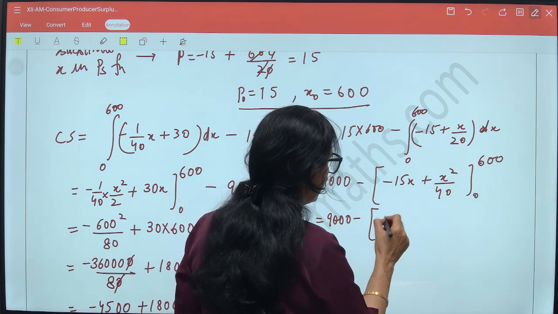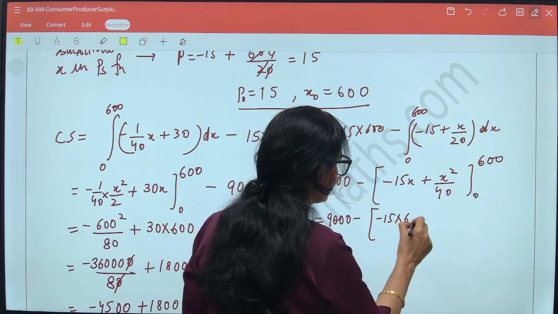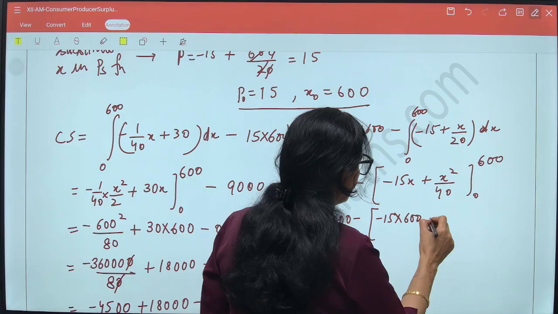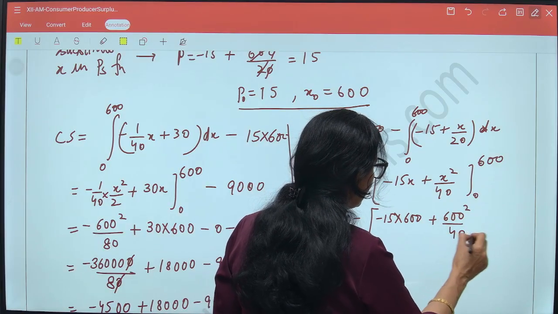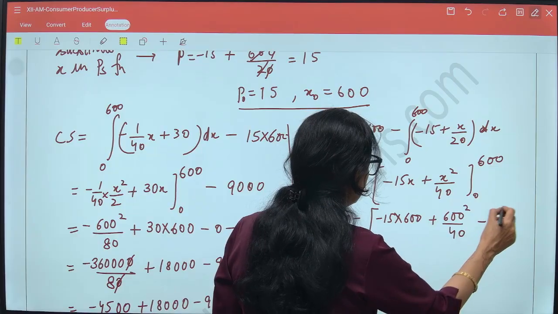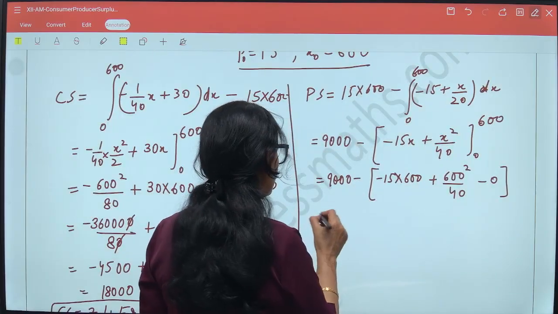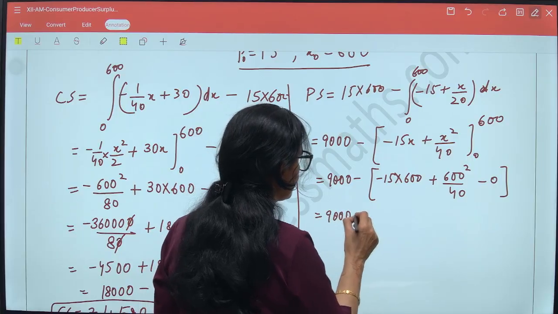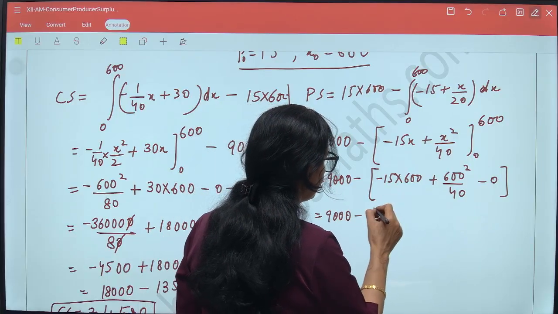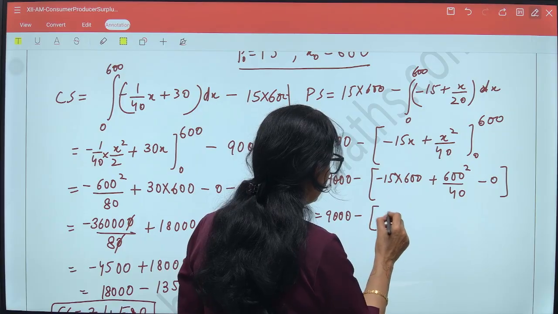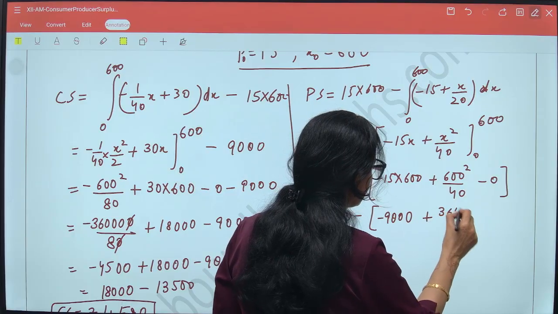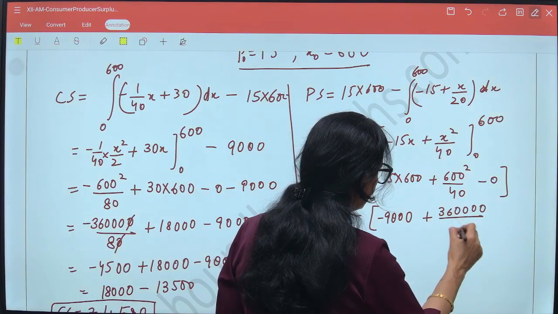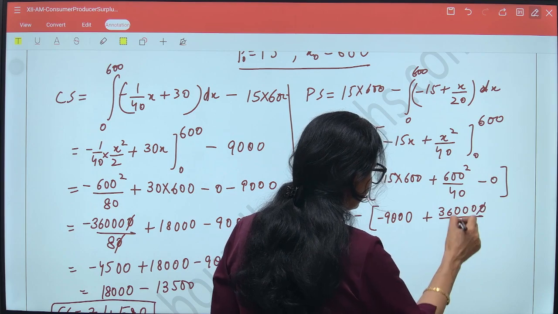9,000 minus 15 into 600 plus 600 square by 40. Do the calculations carefully. Minus 0. So this becomes 9,000 minus 15 into 600, which is 9,000 again, and this is 360000 again upon 40. 4 9s are 36.